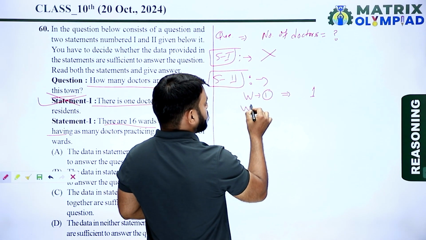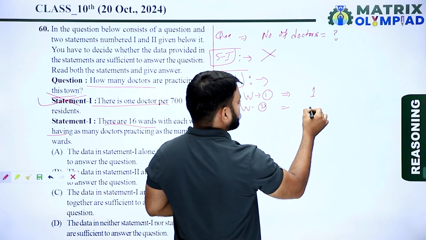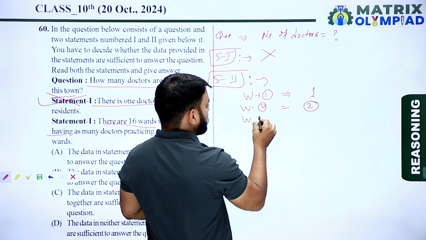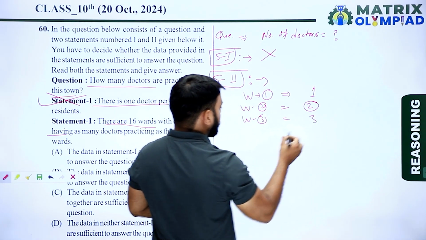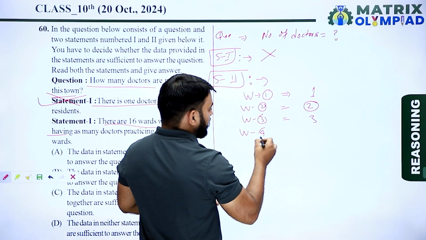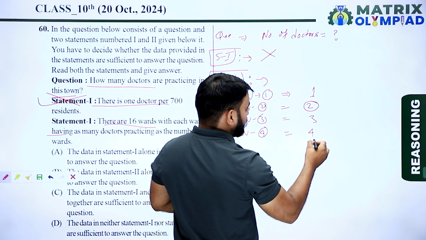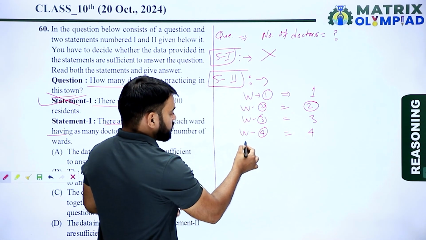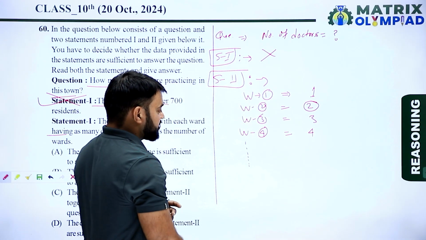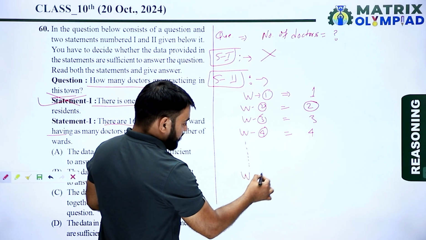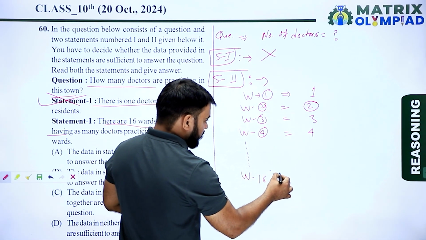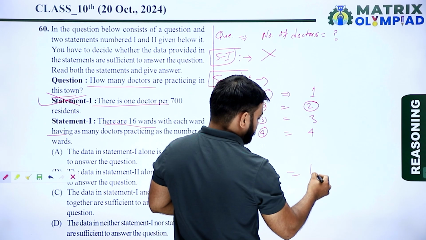In ward number 2 number of doctors is 2. In ward number 3 number of doctors is 3. In ward number 4 number of doctors is 4. So total wards is 16. So in ward number 16 number of doctors is 16.